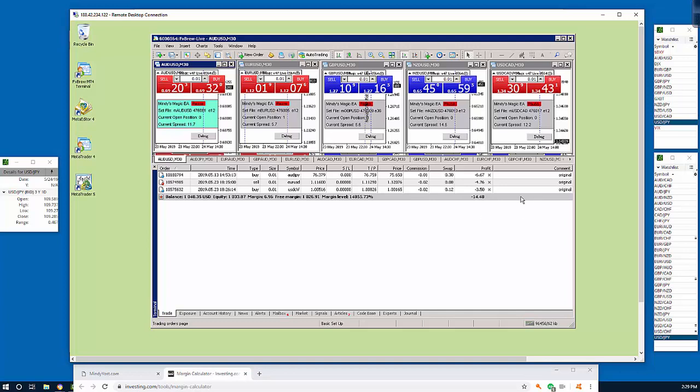I don't let it go ugly at all, right? But the EA is not going to add a profit stop on these until the trade is usually 4, 5, or 6 pips, 7 pips profitable, and then it's going to add a profit stop of 3 or 4 or 5 pips.